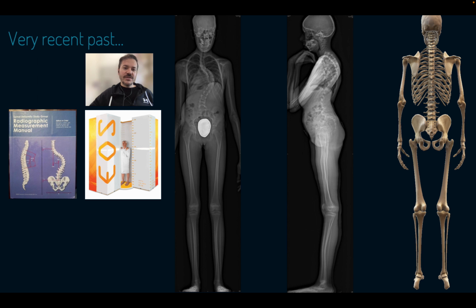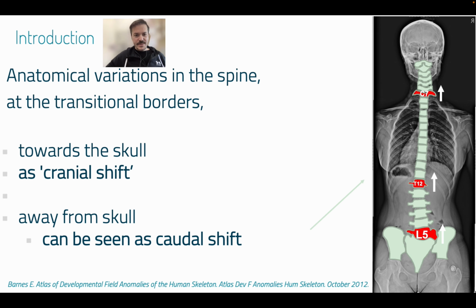We also have EOS X-rays showing the whole body in double slot technology, and topographic X-rays, and we can clearly see how many vertebrae we have. Coming to the explanation of cranial shift: anatomical variations in the spine at the transitional borders may go towards the skull, as cranial shift, or away from the skull, which is called caudal shift.